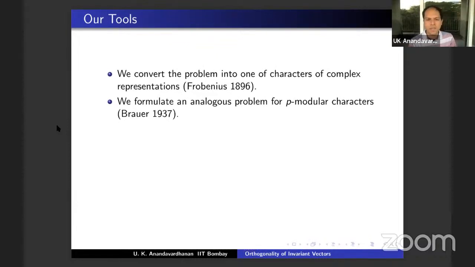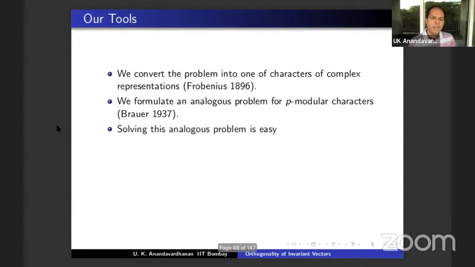So this is Brauer characters, Brauer's famous paper of 1937, where he introduced Brauer characters. And then we can formulate this analogous problem, and solving it in the mod P world, the characteristic P world, is easy.